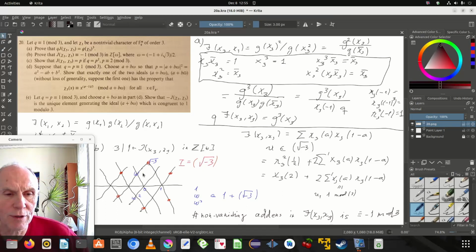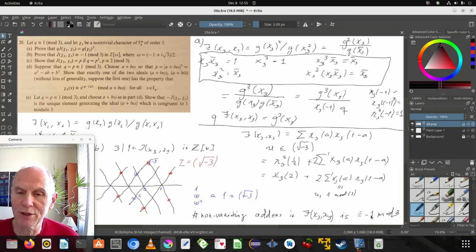And connected with the notion that all the products of powers of omega are equivalent to 1 modulo square root of minus 3, and the number of atoms is equivalent to minus 1 modulo square root of minus 3, we have that J itself must be equivalent to minus 1 modulo square root of minus 3.